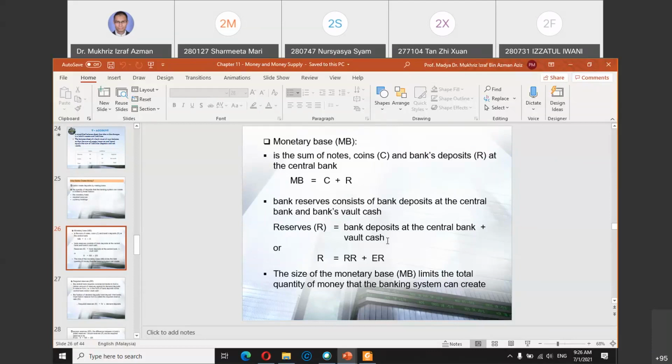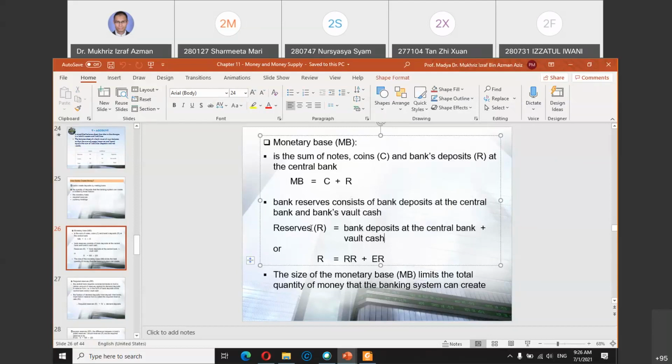Every bank has its own vault. So when you watch a movie like Ocean's 11, or any bank heist movie, where they try to open the bank vault to take the money from the bank. So that is what it is.